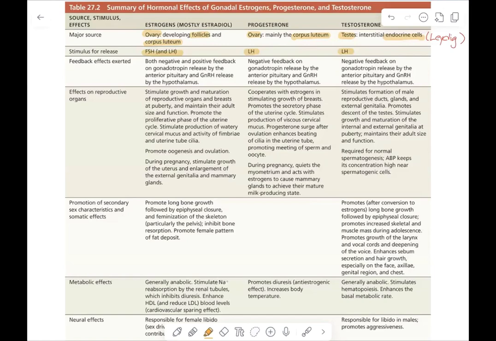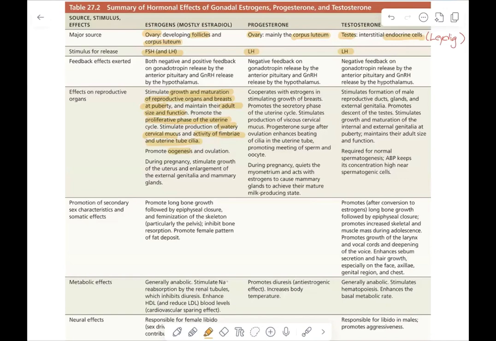So estrogens are responsible for growth and maturation of reproductive organs and breasts at puberty, maintain their adult size and function, promote the proliferative phase of the uterine cycle, stimulate production of watery cervical mucus, and activity of fimbriae and uterine tube cells. Remember that FSH is oogenesis, so FSH is the one that has to do with gametes.